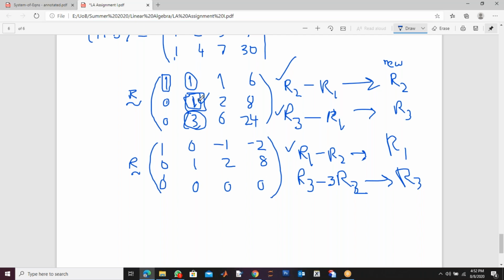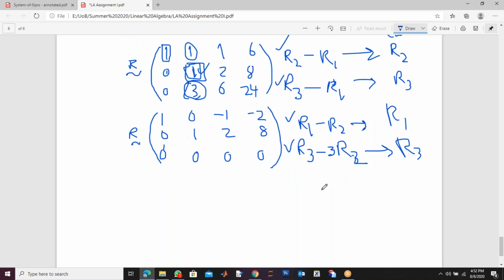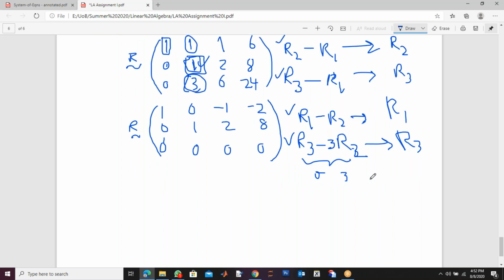You see, I multiplied this row by 3 and then subtracted from the third one. If you want to see this operation separately, I can do that. R3 is 0, 3, 6, 24, and then minus 3R1. 3R1 is 0, 3, 6, 24.